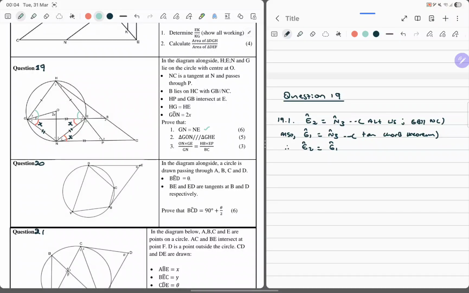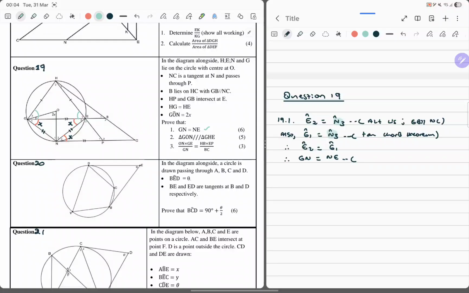That's what we want. So each one is equal to N3. So N3 is the link. So if this is the case, so what can we conclude? If those two angles are equal, so we can easily say, therefore, GN is definitely equal to NE.